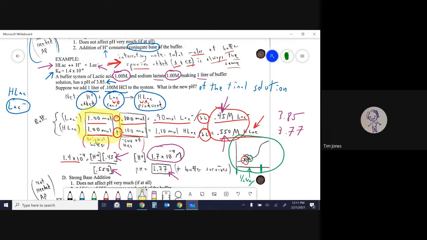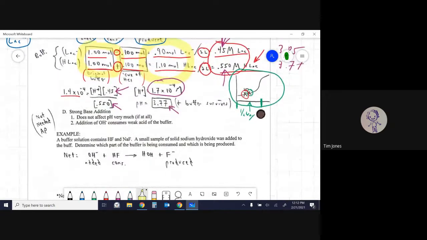And afterwards, we still had 2 moles of buffer species. It was because when you add something to a buffer, you're going to consume one of the species, but that's going to make the other species. So it's interesting that that mole stays constant. Now notice molarity did not stay constant. Total molarity did not stay constant because it's getting diluted in this case because we were adding a volume to a volume.